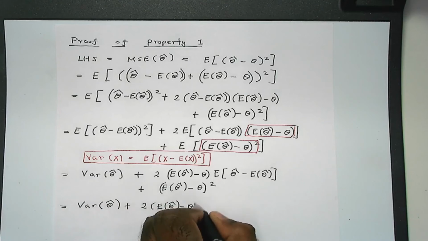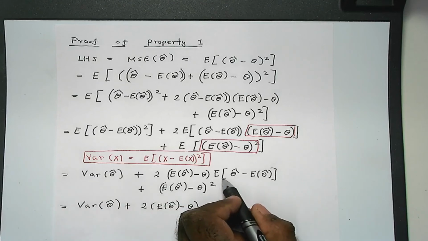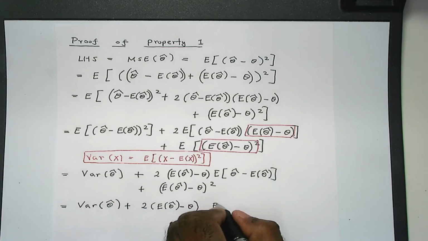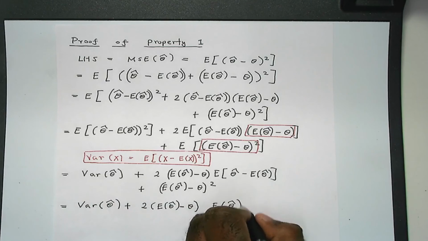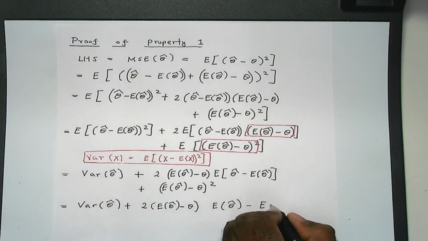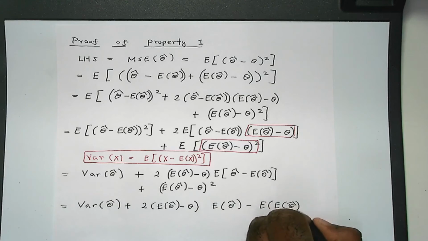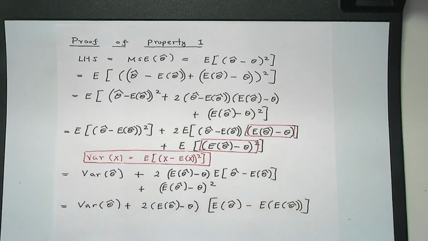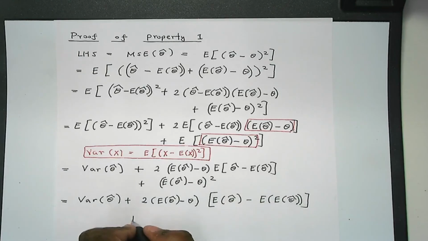Now, I'm going to take the expectation inside the square brackets, and plus the square of the bias.